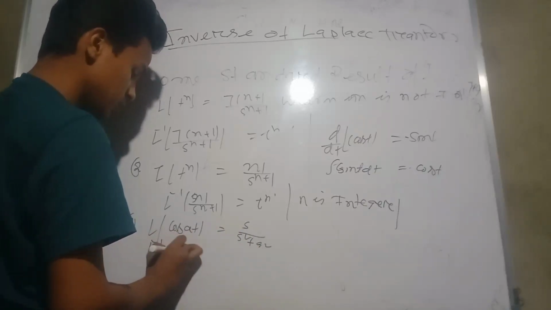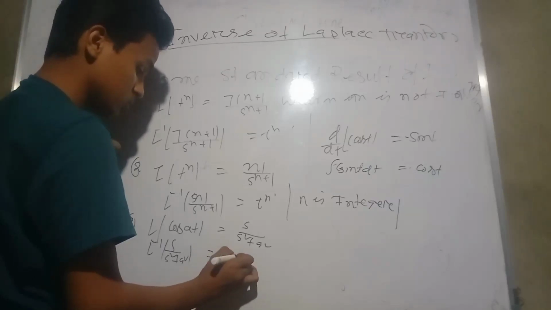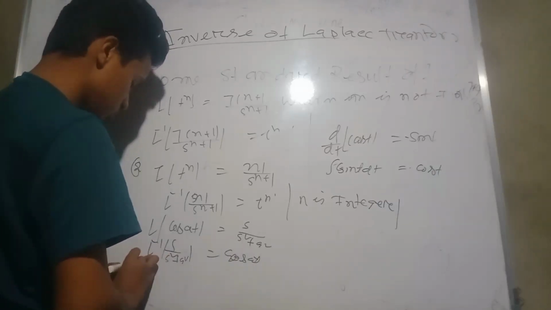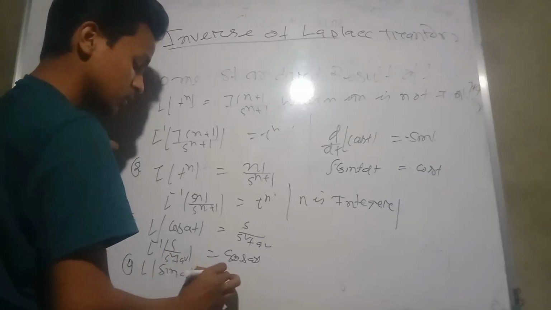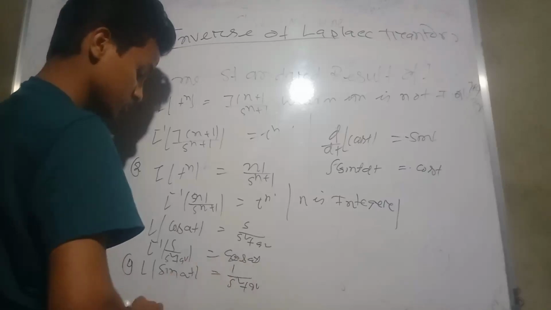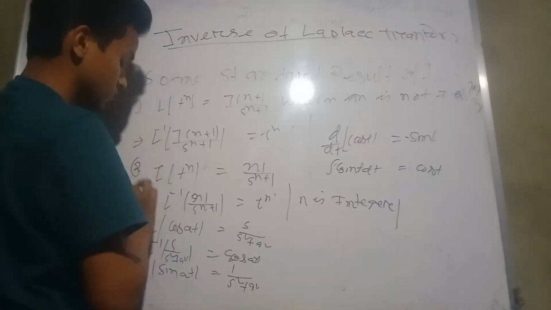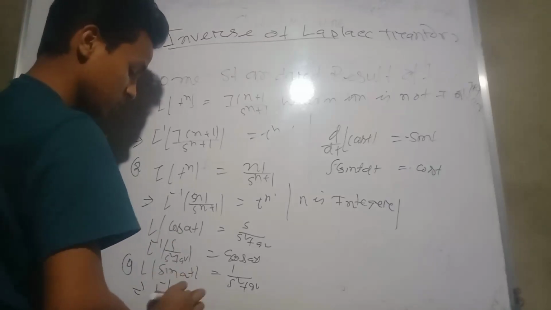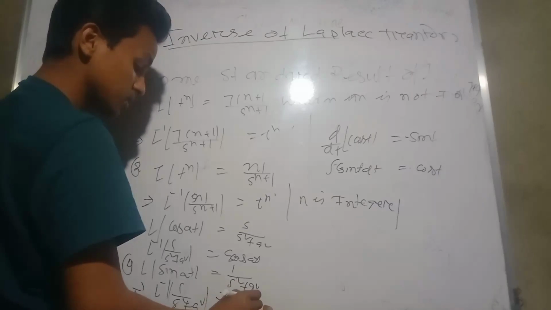So the inverse of s upon s square plus a square equals cos at. Fourth, the Laplace transform of sin at is what? a upon s square plus a square. So the inverse of a upon s square plus a square equals sin at.